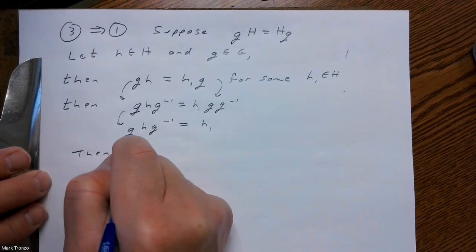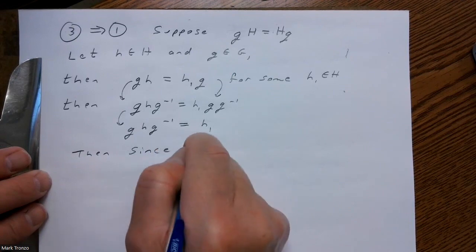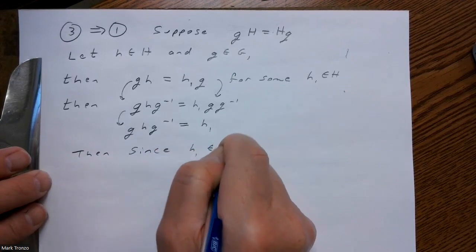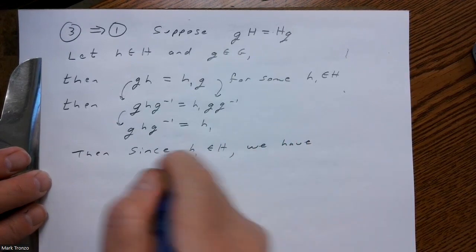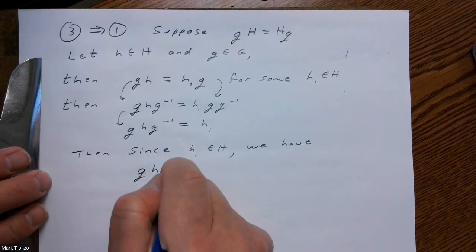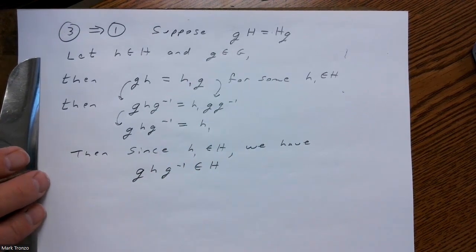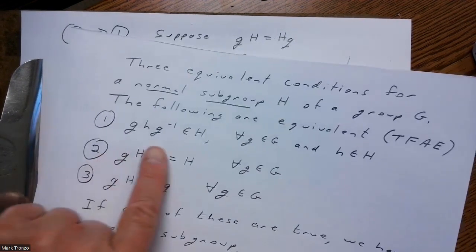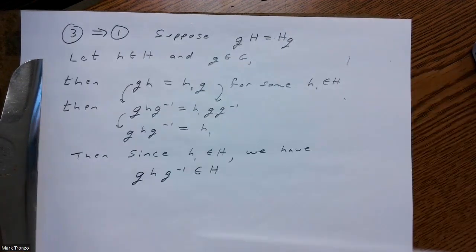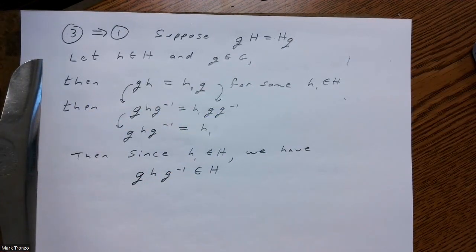Then since H1 is in H, we have g inverse h g is in H, which was what number 1 was. That's what we're trying to prove for number 1, that g inverse h g was in H. So we just picked a typical h, a typical g, and proved that was in H.